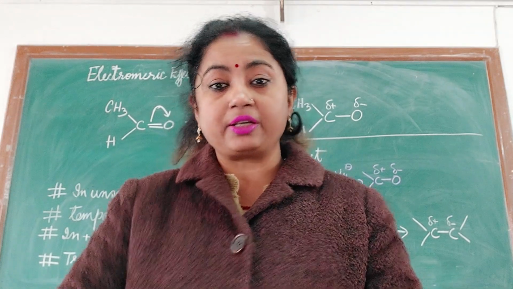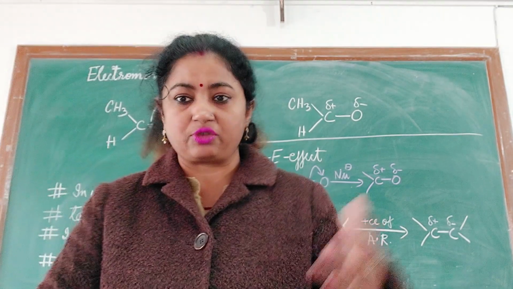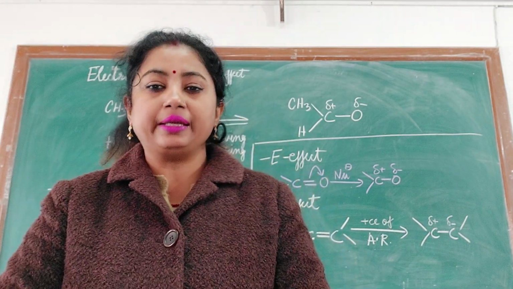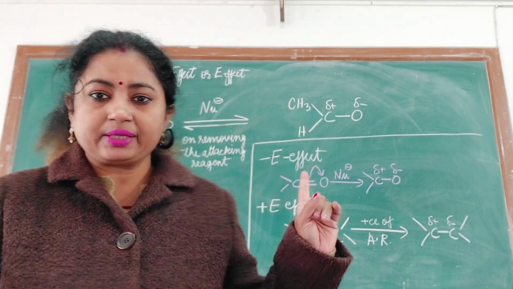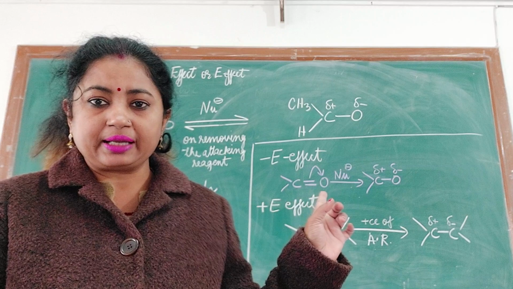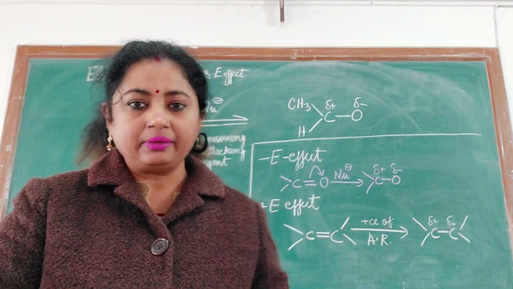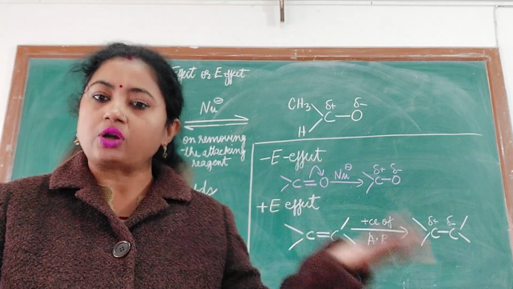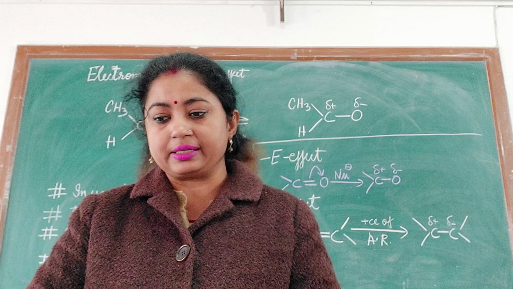This electromeric effect is also of two types, minus E effect and plus E effect. So first put the heading minus E effect. Simply you can see in both the examples, in one the bonded atom is more electronegative than carbon, and in the other the bonded atom is not more electronegative than carbon. On this basis it is categorized.